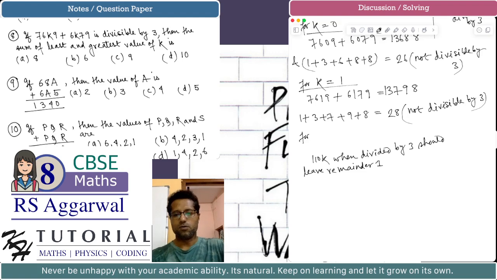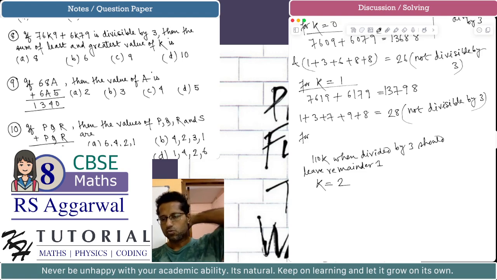One such possible value of k was 2, because when k equals 2, 110k is equal to 220, which when divided by 3 leaves the remainder of 1.